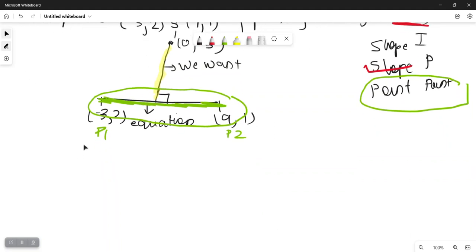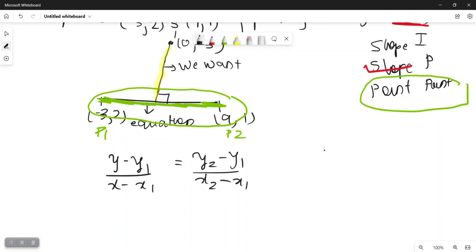The green line equation, using two-point form, is (y minus y1) upon (x minus x1) is equal to (y2 minus y1) upon (x2 minus x1). Now we have 2 points, (-3, 2) and (9, 1).